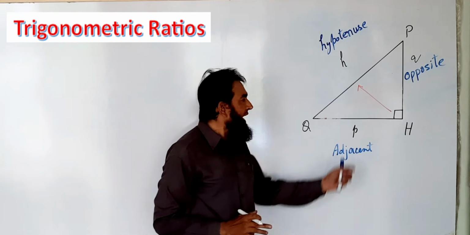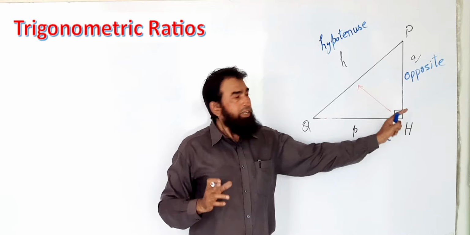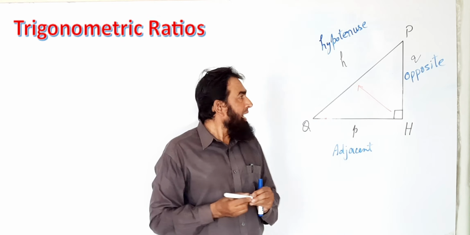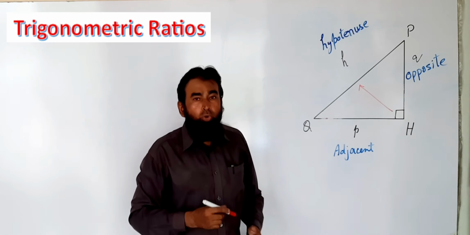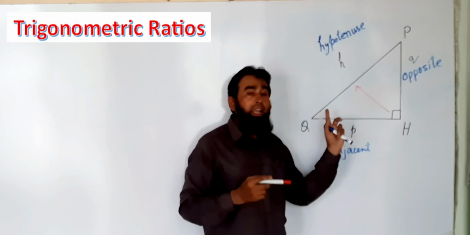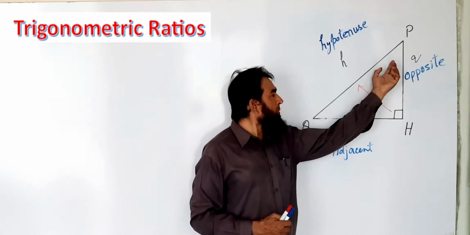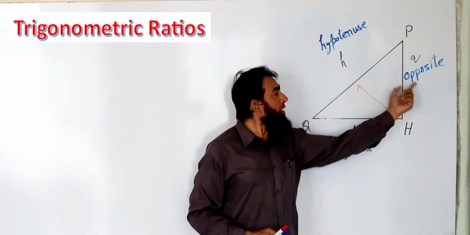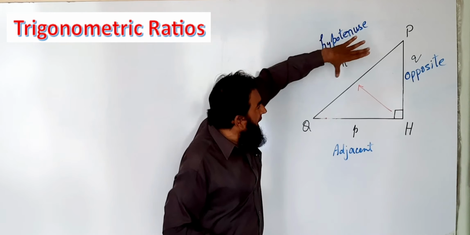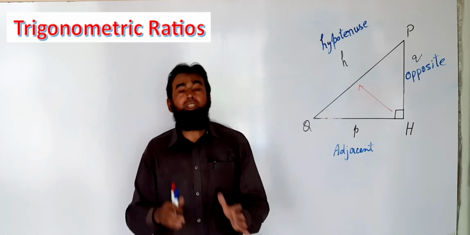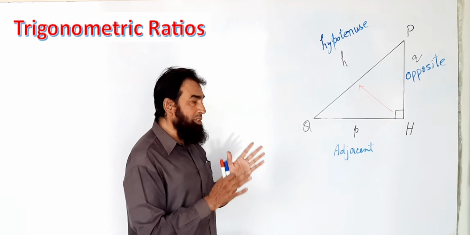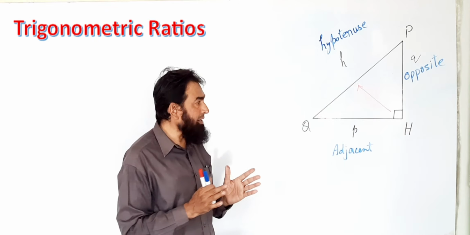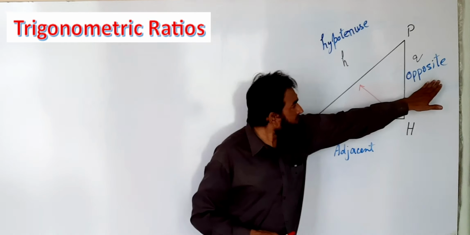In the right angle triangle, the 90-degree angle is the greatest angle, and the rest of the two angles are acute angles, meaning less than 90 degrees, and the sides opposite to these two acute angles will be shorter than the hypotenuse. So the hypotenuse will be the longest side of the right angled triangle. This must also be kept in your mind while solving the sides of the right angle triangle. Now why have I written opposite here?